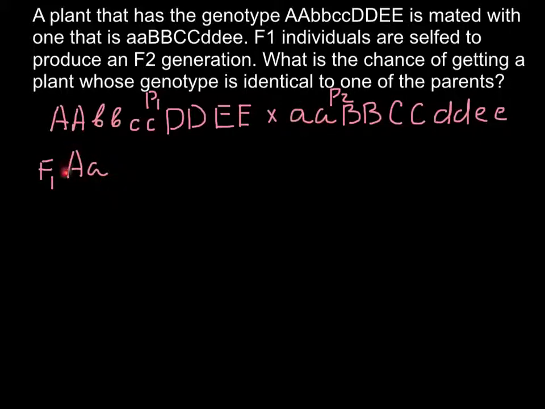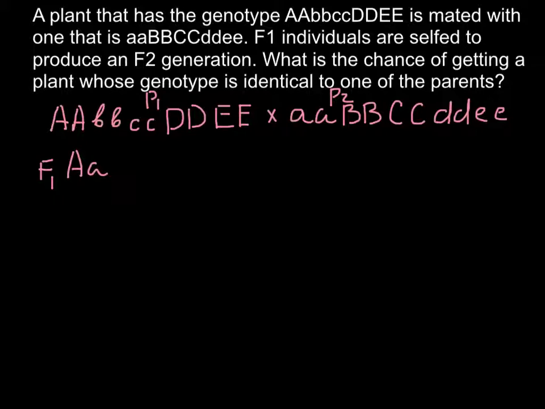That's why in the F1 generation here would be only capital A and small a. So the F1 generation would be heterozygous for the allele A.